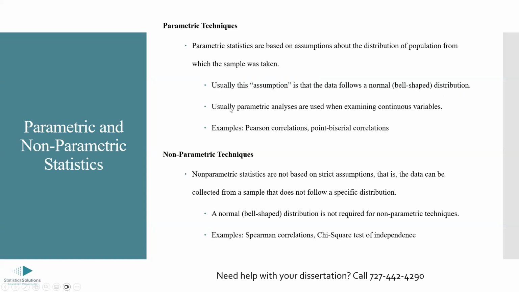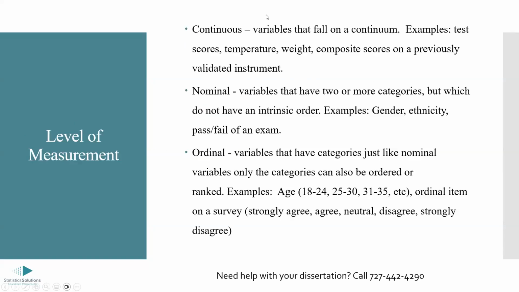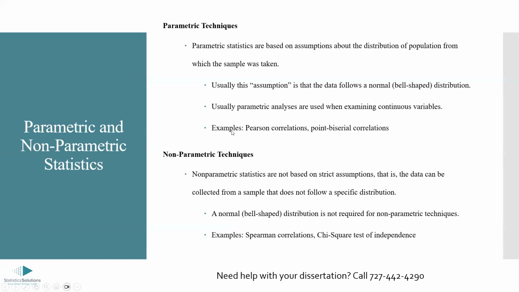A common format of using parametric analyses is when you have continuous variables. Okay, so variables like these at the top, you tend to use parametric techniques. Examples of parametric techniques for correlations involve Pearson correlations or point biserial correlations.